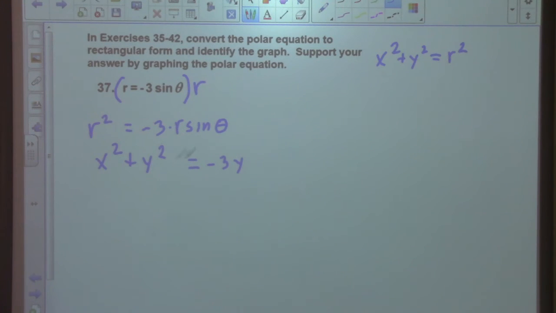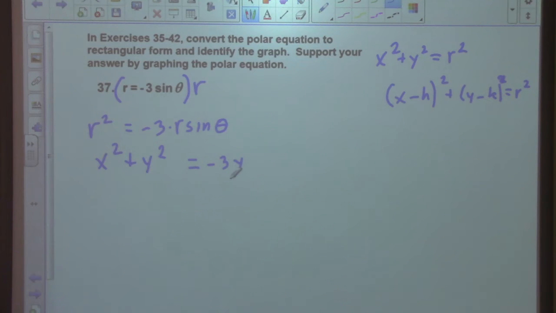So identify the graph. We don't have enough to identify the graph yet. We know based on this that we have a circle, but we don't know exactly where the circle is, or the size of it, do we? Now, remember we're trying to get towards this form here, x minus h squared plus y minus k squared equals r squared. And so what we're going to do is get this negative 3y over here on the left side.